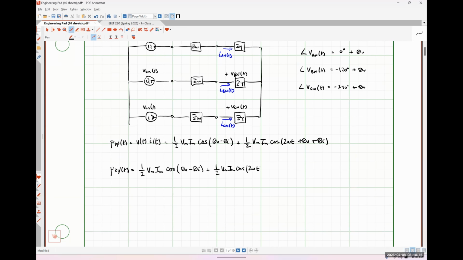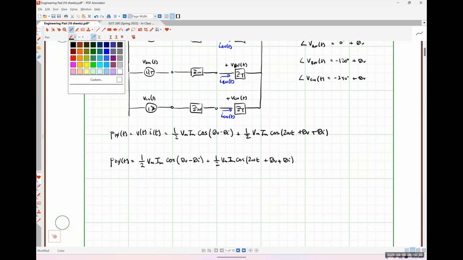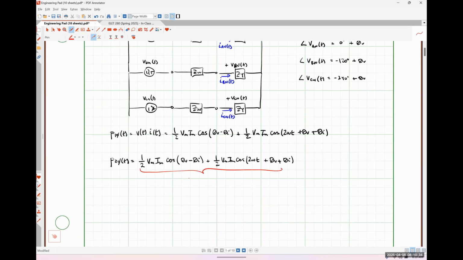And now I'm going to add theta v and theta I together. So for the A phase, that's going to look like theta v plus 0 plus theta I plus 0, which is still just going to look like plus theta v plus theta I. And I'm just going to put a little note underneath here. This is our A phase contribution.